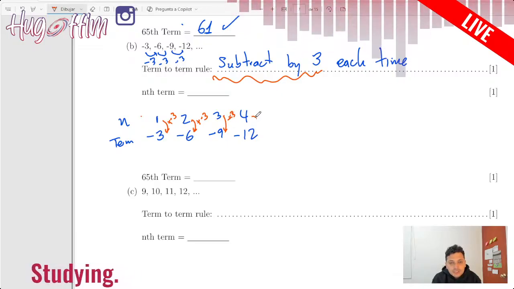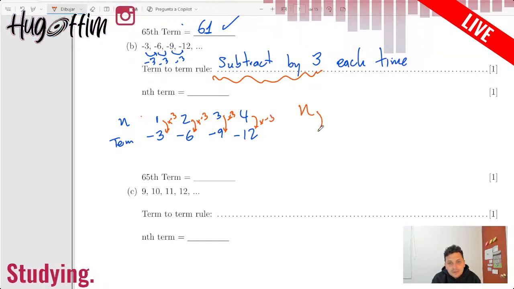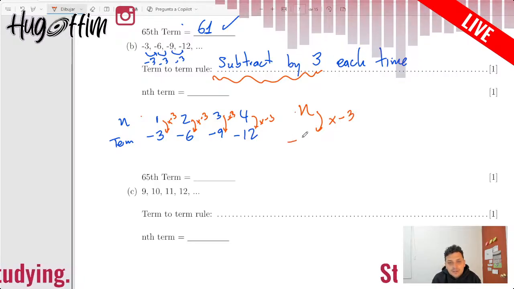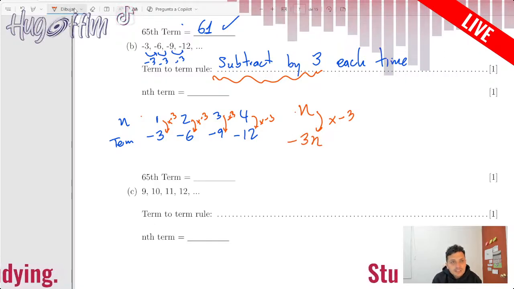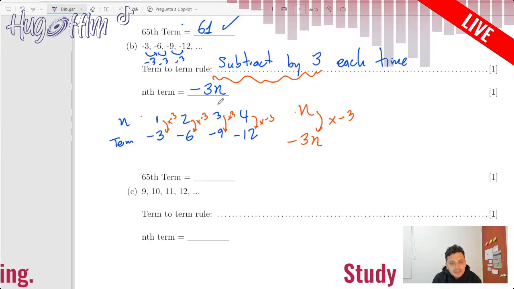So what I'm doing is just multiplying by -3. So if I have n, I have to take n times -3. N times -3 is -3n. So the n term is -3n.